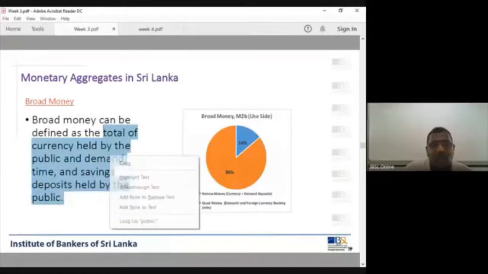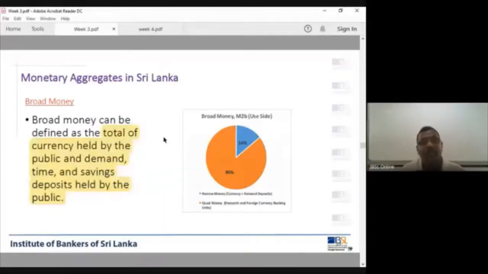So that M2B is simply the total currency held by the public and time, savings and demand deposits held by the public. So there you have both C, currency, and D, deposits. What do you have as deposits? The total deposit component of the banking sector, the commercial banking sector. So in this pie chart, that will be clear.